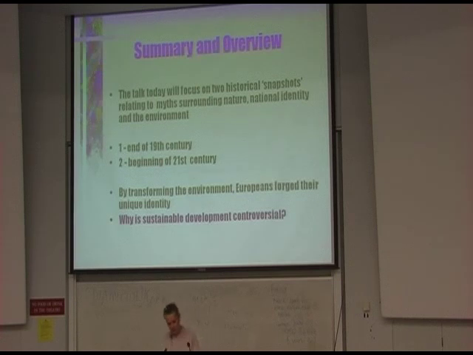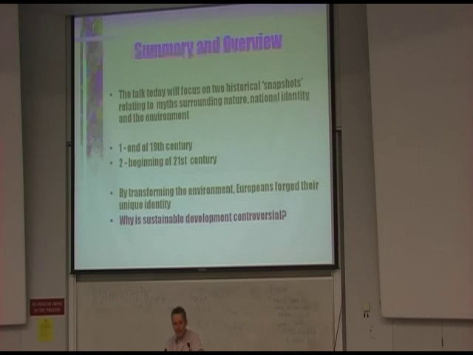But what I want to suggest in the first half of my talk is that even if, in the process of possessing the land, these European settlers were engaged in practices that these days we would recognise as being unsustainable, we've also got to recognise that they were also doing something positive.